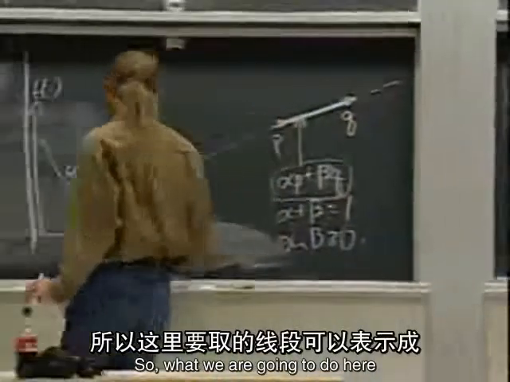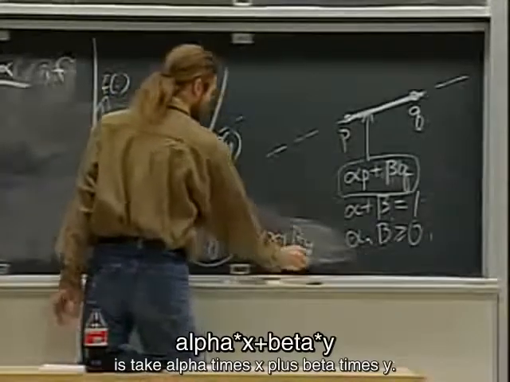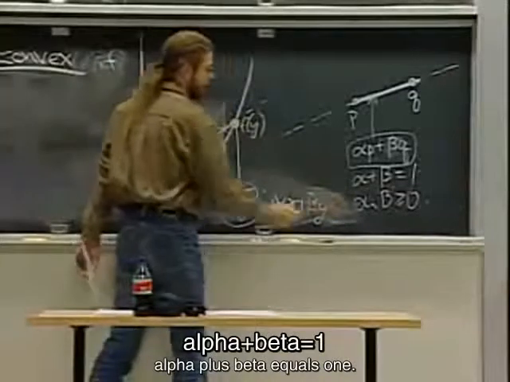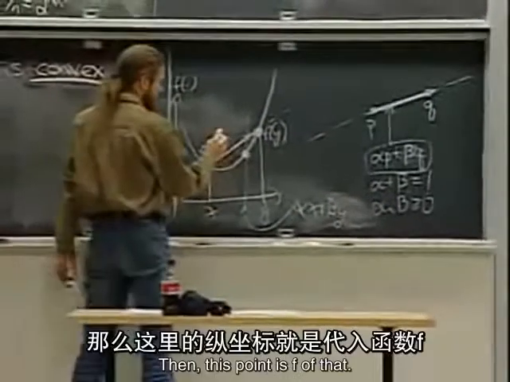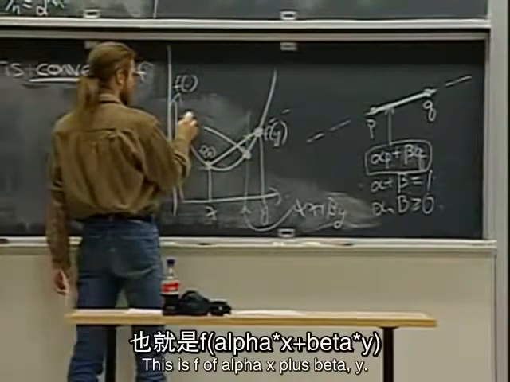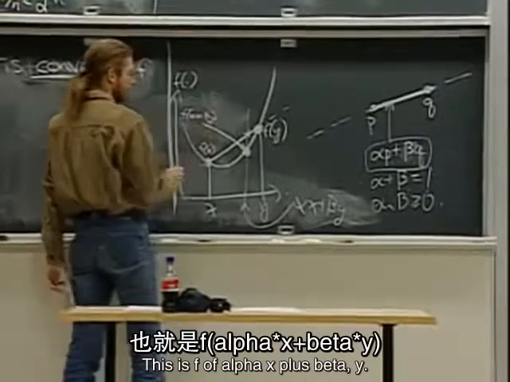So what we're going to do here is take alpha times x plus beta times y. That's going to be our point in between, with the constraints that alpha plus beta equals 1, and alpha and beta are greater than or equal to 0. Then this point on the curve is f of alpha x plus beta y.